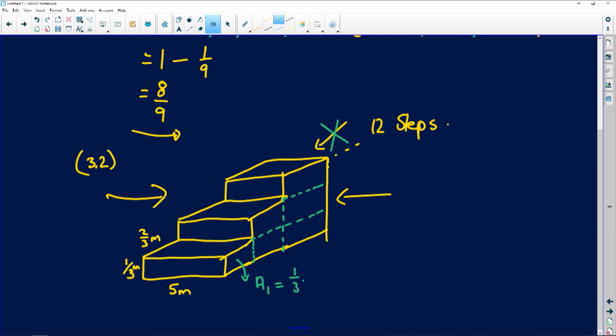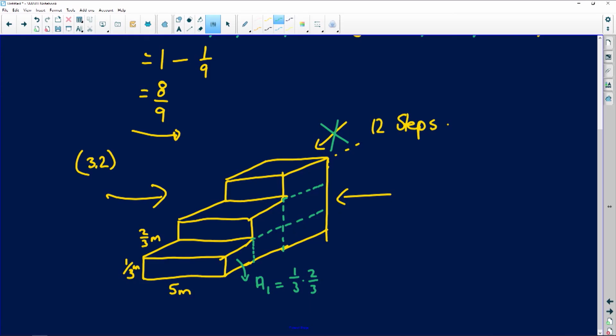So the 5 meters do not feature here. We're not talking about the tread. It's already covered. We're talking about the side. Okay? So there's one such block here, and there's another one on the other side. So there's going to be 2 of those to cover the first part over here.